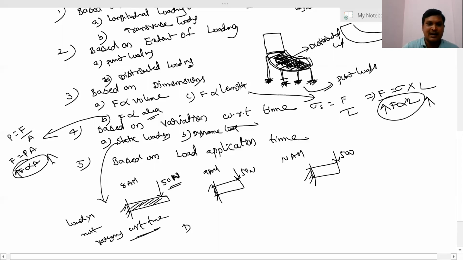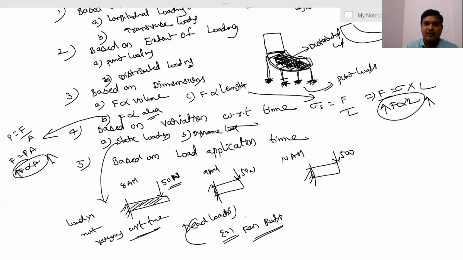Simply we call it dead loads. Example, fan rods like this. So the fan is hanged to the fan rod.